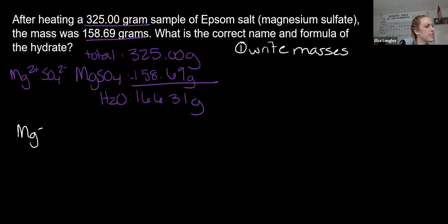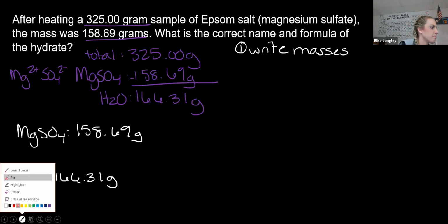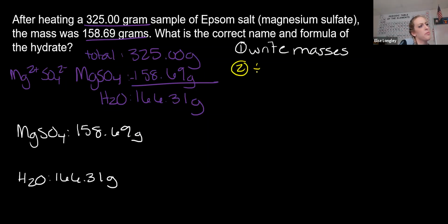So we know that magnesium sulfate is 158.69 grams, and we know that water is 166.31 grams, okay? The second step would have been to divide by molar mass for each one.